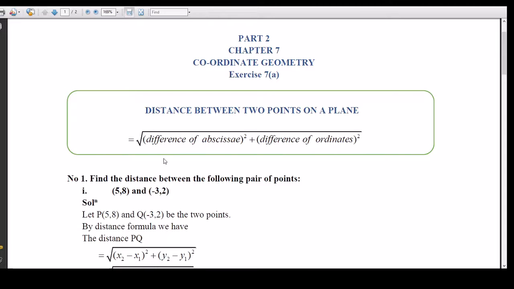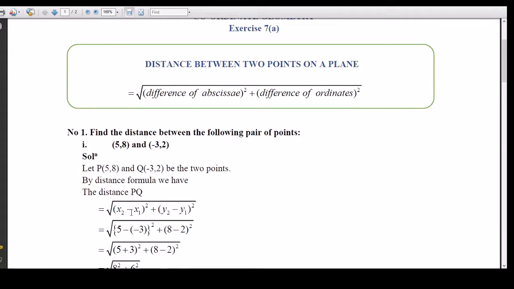Now let us denote the first point by P and the second point by Q. Then by the distance formula, the distance between these 2 points P and Q is given by the square root of the square of x2 minus x1 plus the square of y2 minus y1.